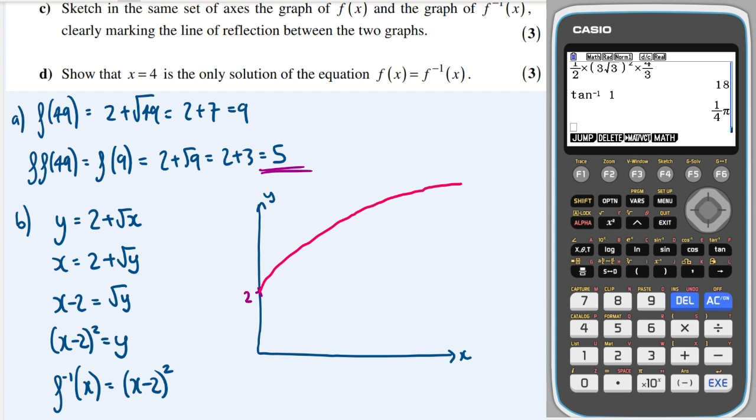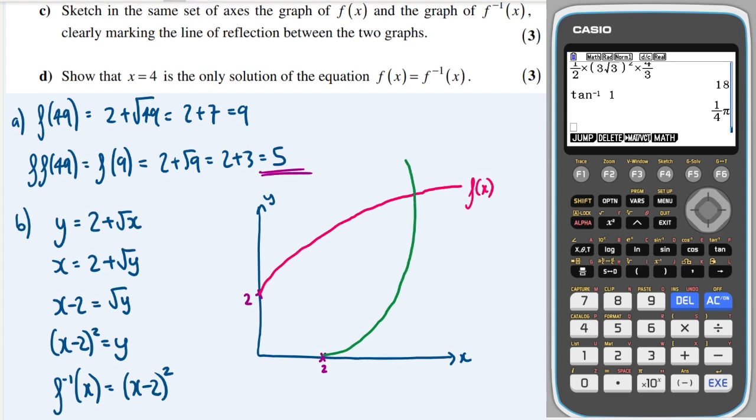Let's just label that f of x. And then the inverse function is x minus 2 all squared, so that's a quadratic, and when y is 0, it passes through x equals 2. So there, and it's going to have a quadratic nature, like so.